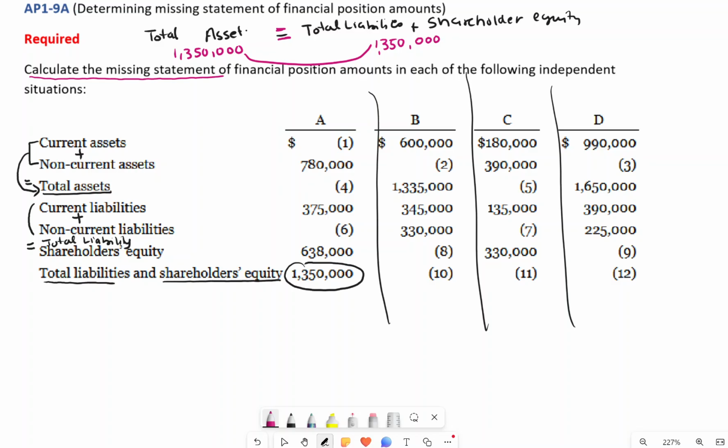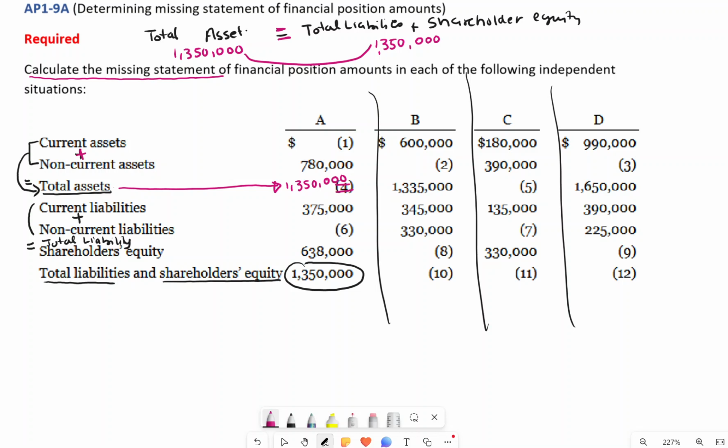I'm going to do my total assets. My total assets, your number 4, is 1,350,000. If I add both numbers, it will give me the total assets.